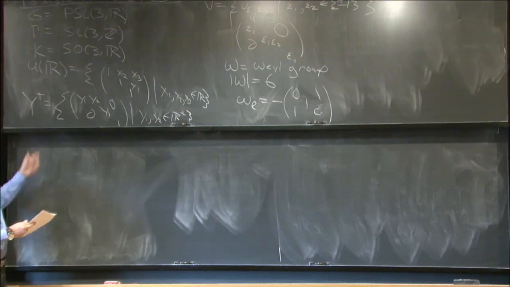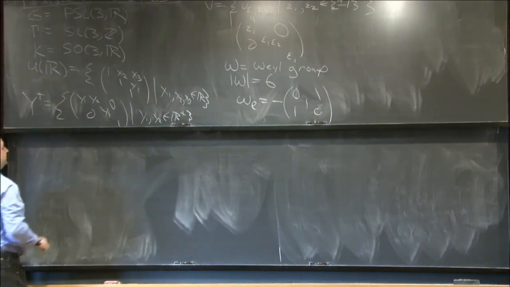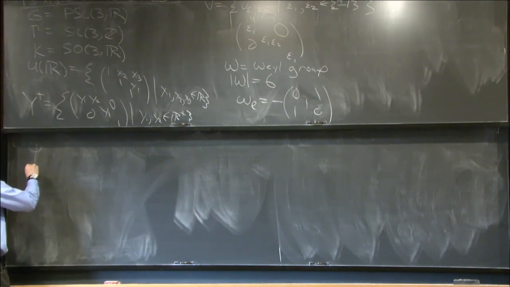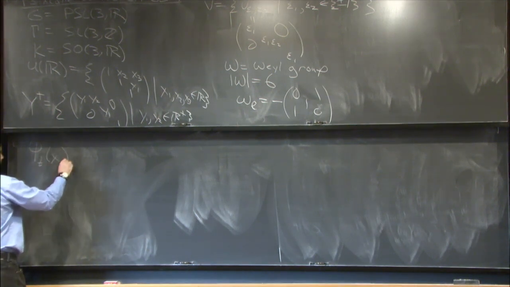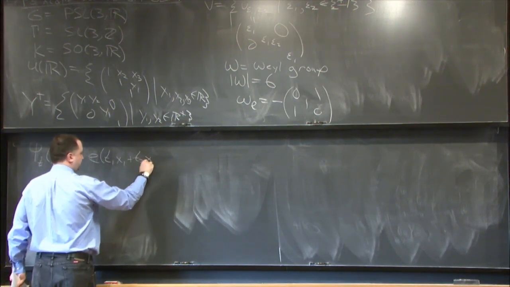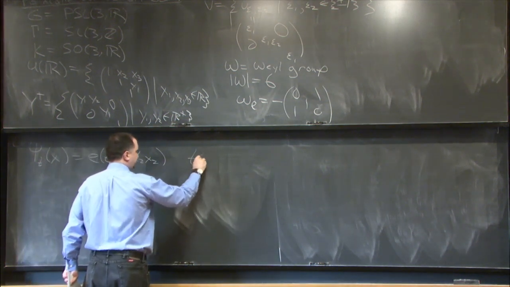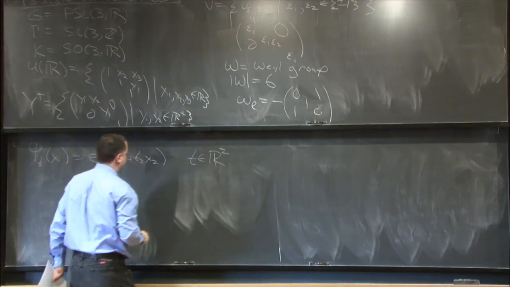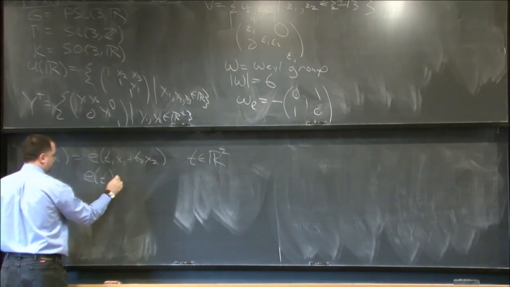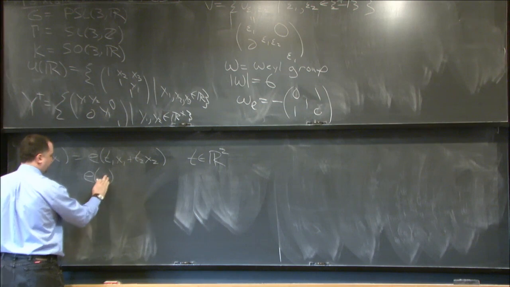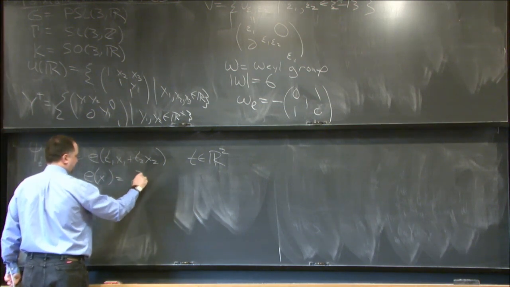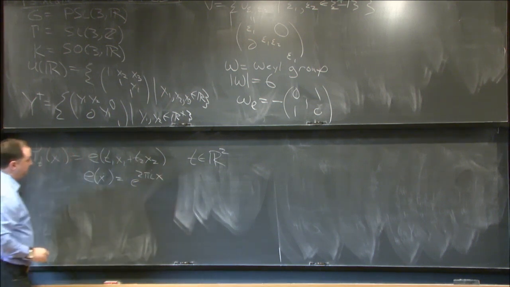First of all, characters of things in here, which I usually call X, look like psi, let's call this T of X is E of T1 X1 plus T2 X2, where T is in R squared, and E of X is e to the 2 pi i x.